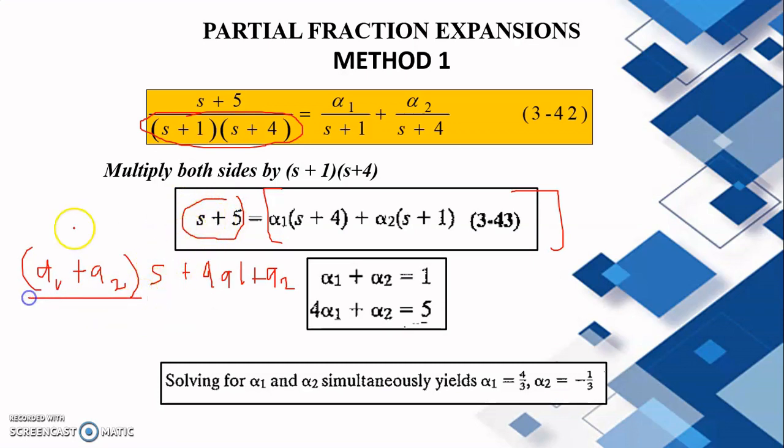So this represents s, and this represents the 5. So you will get a1 plus a2 equal to 1, and the second term, 4a1 plus a2, equal to 5. So we get these two equations, and then we can solve for alpha 1 and alpha 2 simultaneously, and the answer is alpha 1 equal to 4/3, and alpha 2 equal to negative 1/3. This is the first method you can choose.